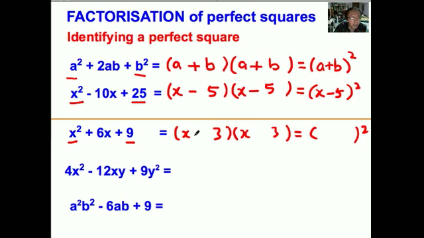And since it's all plus, both will be plus, giving us x plus 3 brackets square. Now, you may be wondering, what about the middle term? Once you have determined the factors, you can actually check for the middle term by multiplying across like this. 3x plus 3x, which gives us 6x.